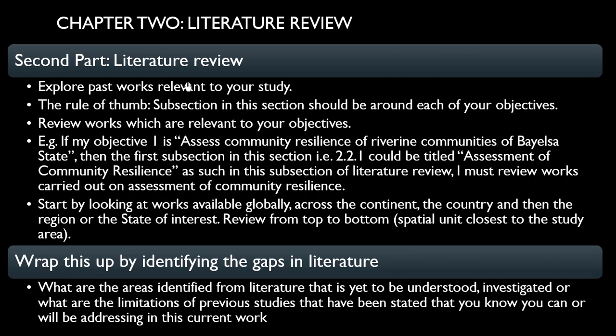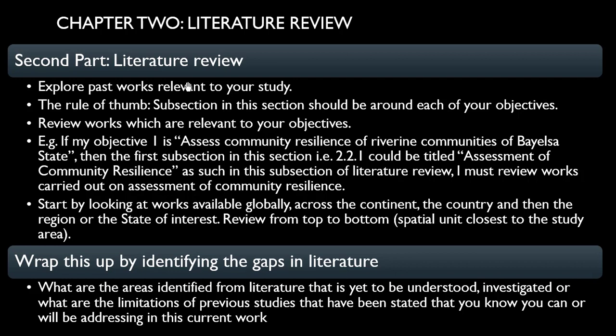So you review from top to bottom. So you start with the area that is furthest away from you, and you come to the end with the ones that are closest to your area of study.